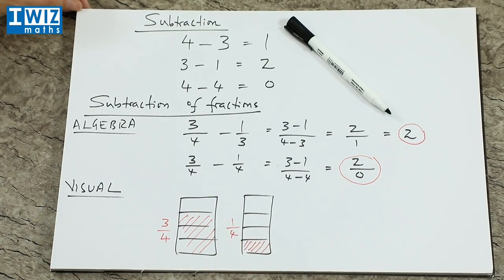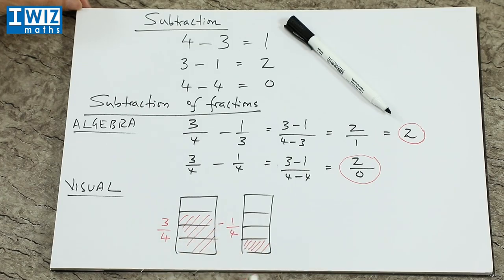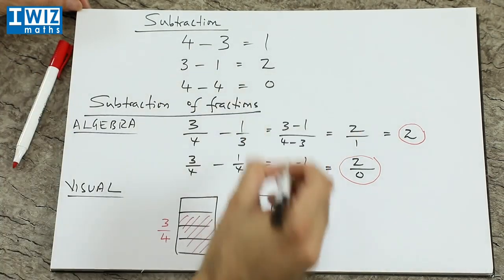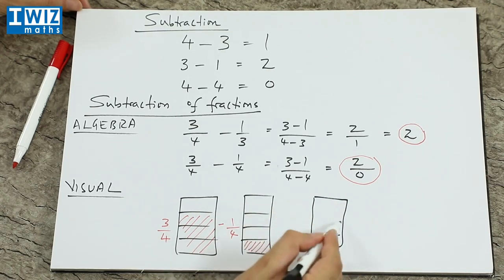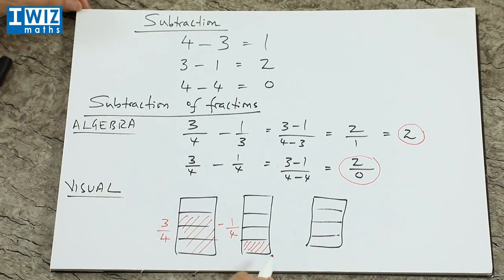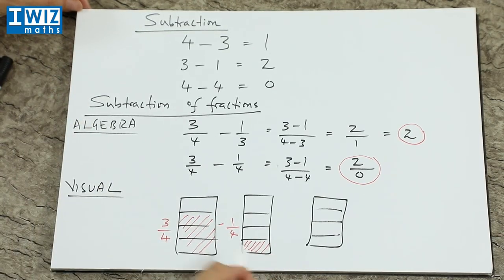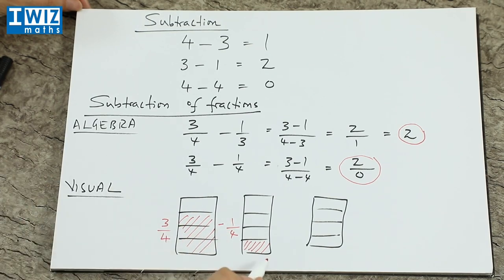So now if we were to ask what's the question related to 3 on 4 minus 1 on 4, what we would do is make another box, break it up into 4 equal parts, and say that, look, essentially what you're meant to do is you've got 3 of these 4 parts and you're meant to take 1 of the 4 parts out of it, so you'll be effectively left with 2 of 4 parts.